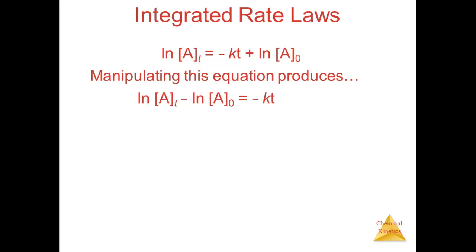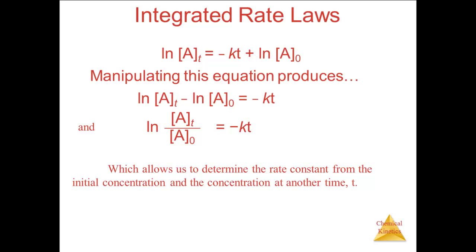Remembering that the difference between the logs of numbers is the log of the ratio of the numbers, this becomes natural log of the ratio of the concentration of A at time t over the initial concentration of A equals minus kt.